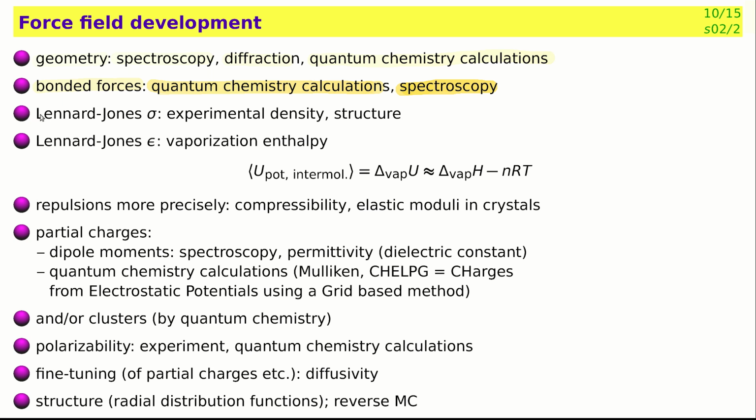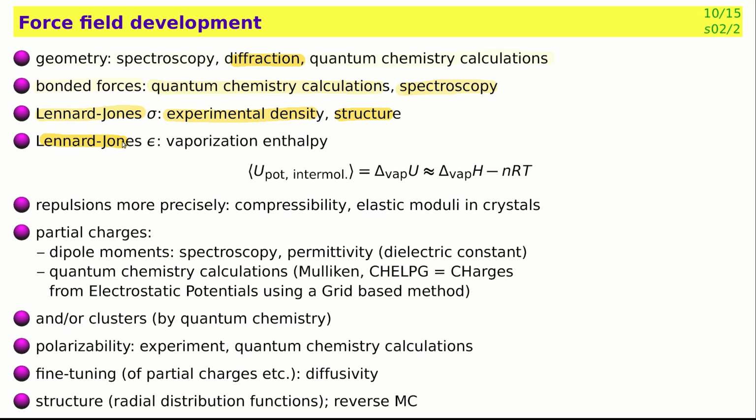As regards the Lennard-Jones sigmas, here we usually start with experimental density or densities of many substances and mixtures, or from a structure of a crystal, for example, obtained by diffraction.